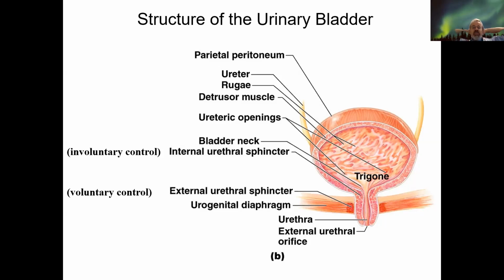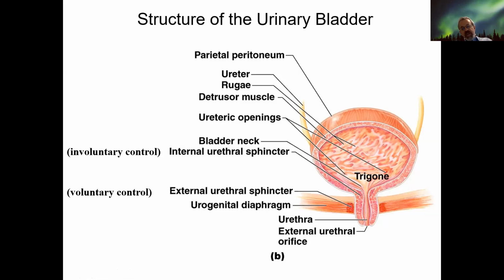Well, this is similar to the anal sphincters in the sense that the internal urethral sphincter consists of smooth muscle and it's under autonomic control. The external urethral sphincter is voluntary and it consists of skeletal muscle.